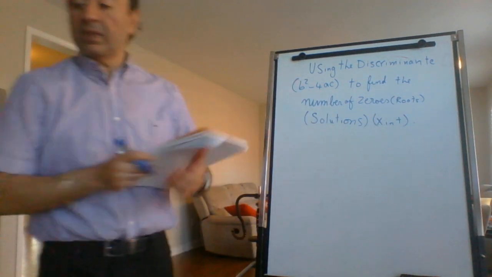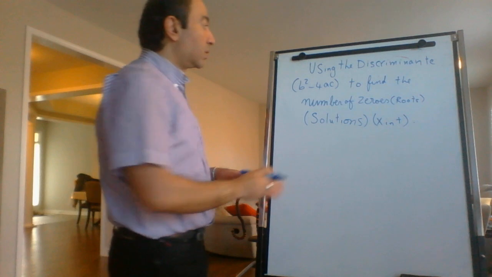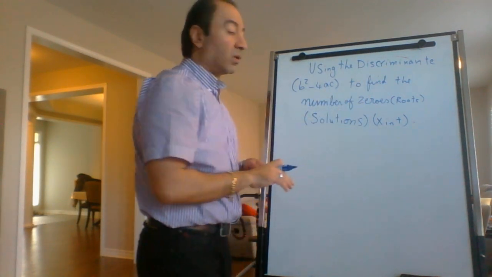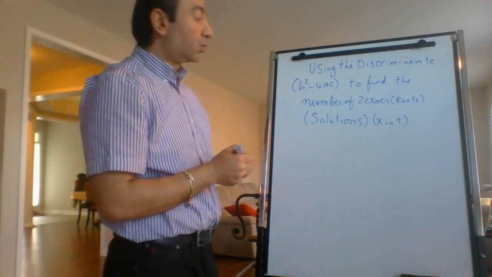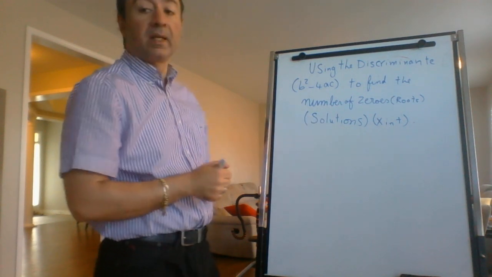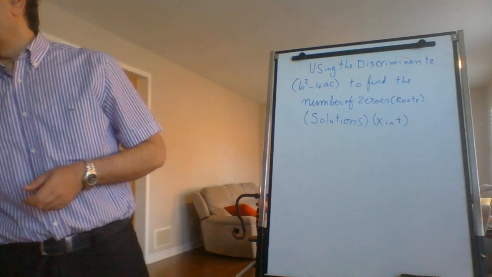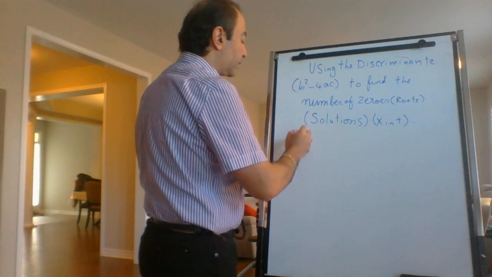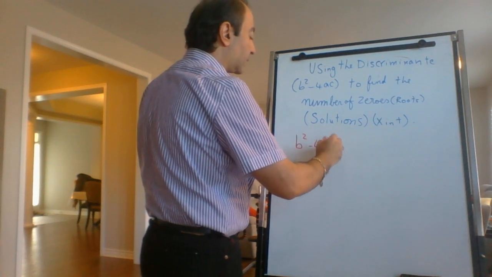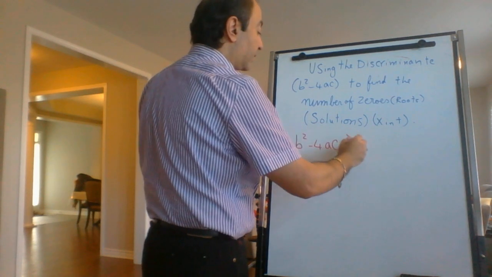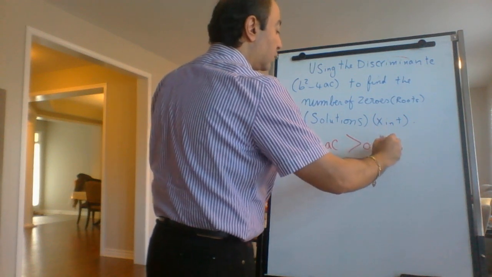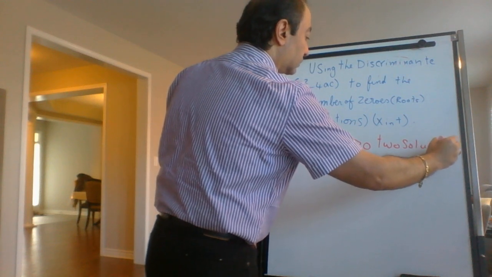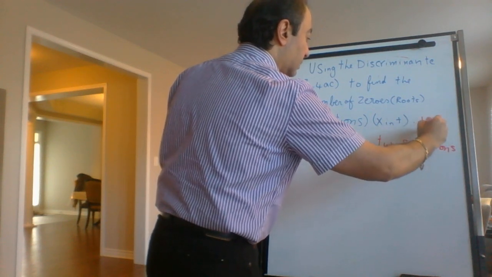So what we are going to do is use the discriminant b squared minus 4ac to find the number of zeros, which we can call roots, solutions, or x-intercepts. So the three cases are as follows. If b squared minus 4ac is greater than 0, we have two solutions, which is this case.